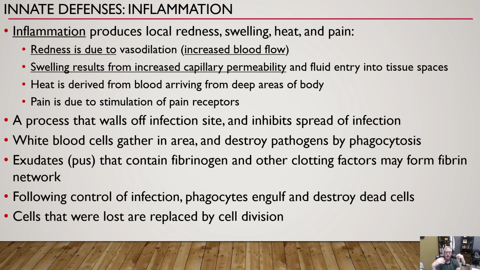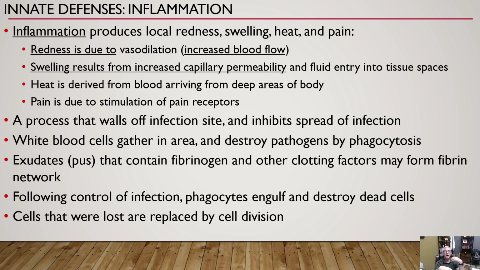So that redness is due to vasodilation or increased blood flow to that area. And that swelling is going to result from that vasodilation and increased capillary permeability. And we're going to see that there's increased fluid in that tissue space.